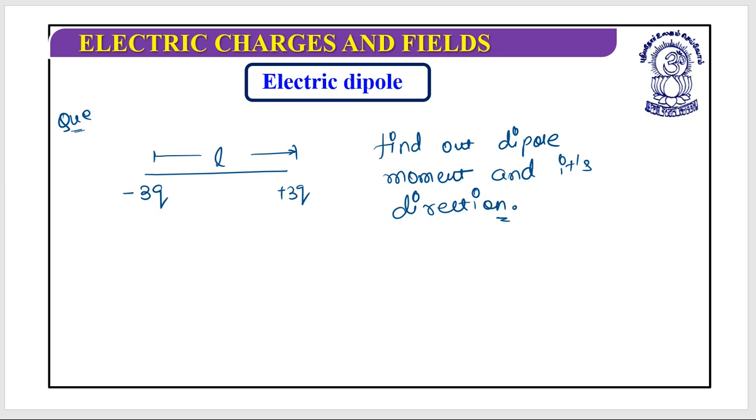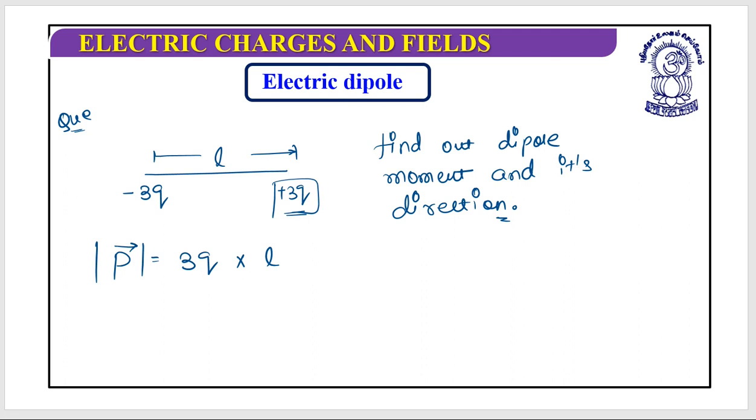First, I am interested in the magnitude. I should write the charge of the positive particle, 3q, multiplied by the separation between these two charges, L. So p is equal to 3q into L.